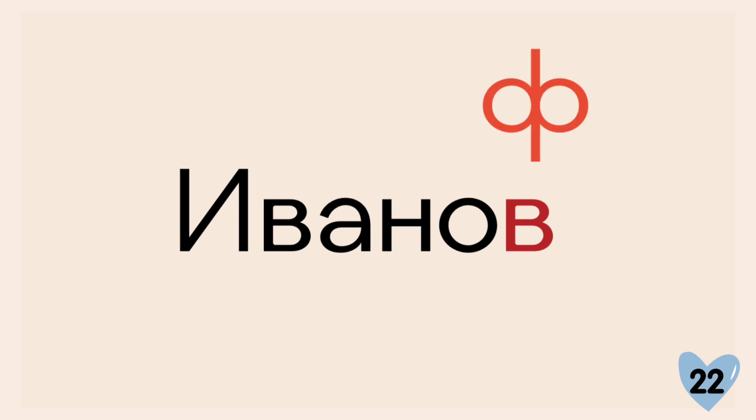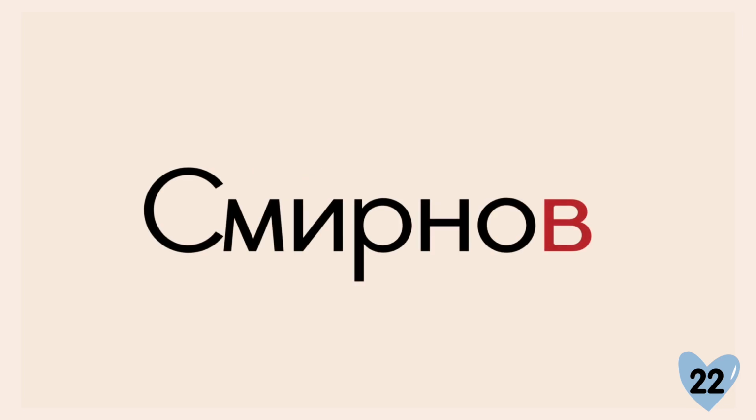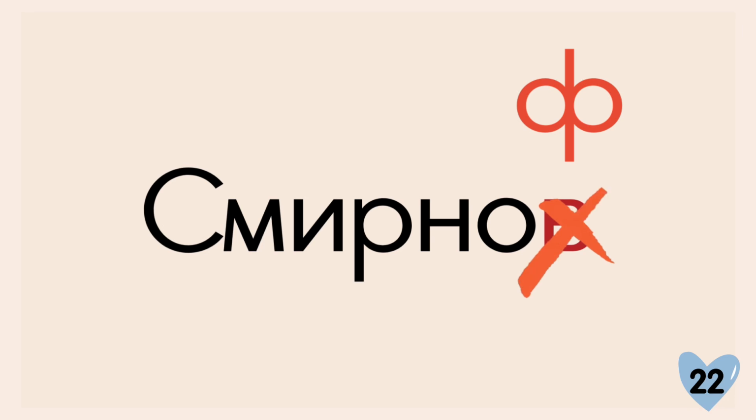Again, F, not V. The surname Ivanov comes from a famous Russian name, Ivan. Let's read one more very common surname in Russia. Read it on your own first. That's right. Smirnov. Again, F, not V at the end.